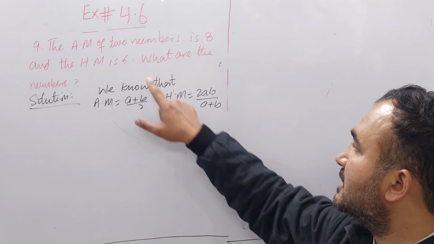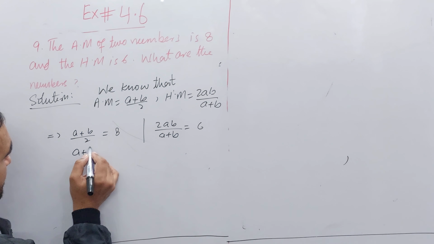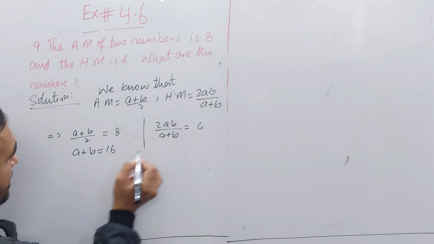So a plus b divided by 2 is equal to 8, the arithmetic mean, and the harmonic mean 2ab divided by a plus b is equal to 6. If we solve this equation and shift the 2 to the other side, 2 eights are 16, so a plus b is equal to 16.